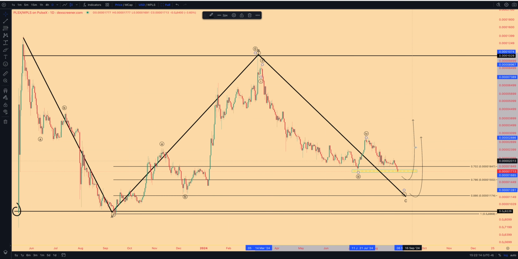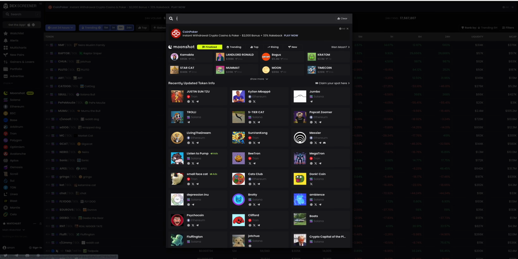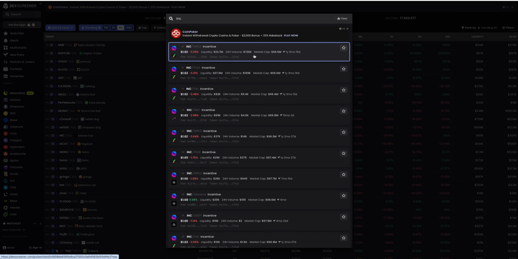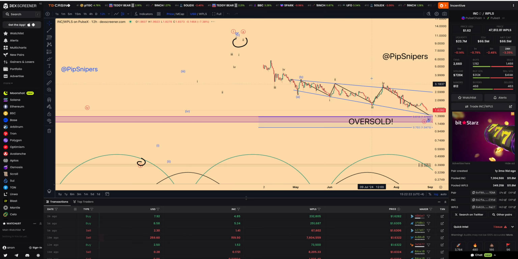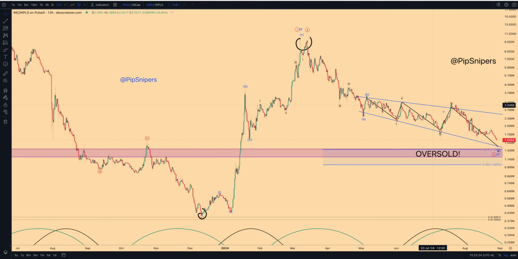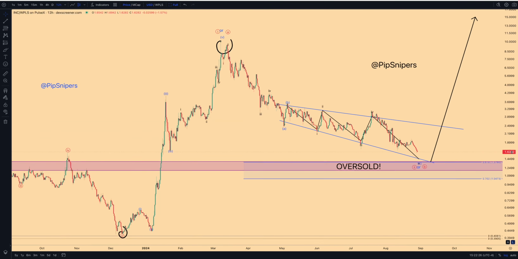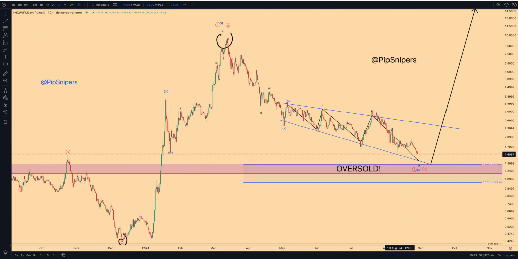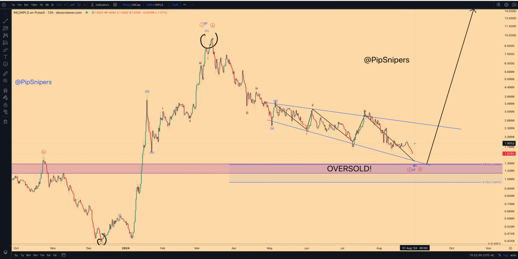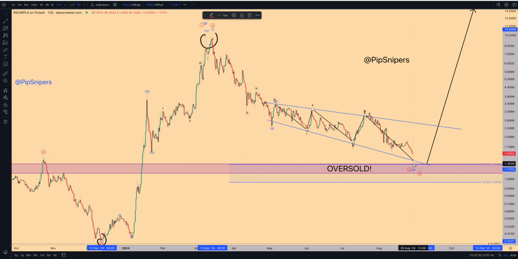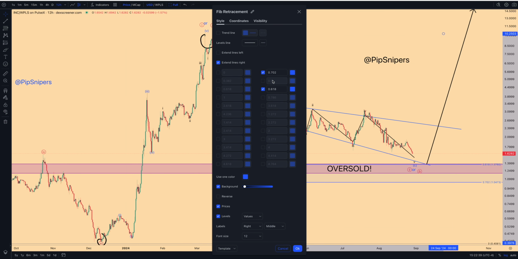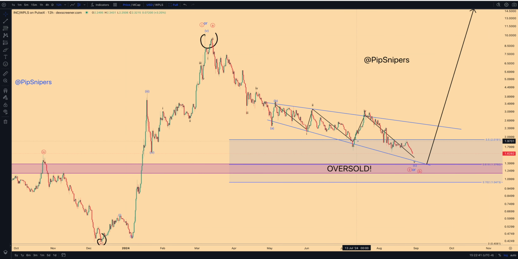Either we bounce at any of these fibs, and we'll also take a look at incentive token as well. And as you can see with incentive, it's doing the exact same thing as PulseChain, right? Bullish descending broadening wedge in the form of an ending diagonal, and we're about to finish up this fifth wave here. Okay. You can see that we lost the 50% here. You see how we lost this 50%?